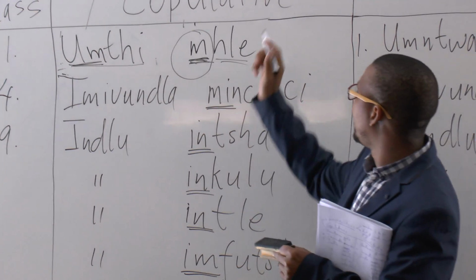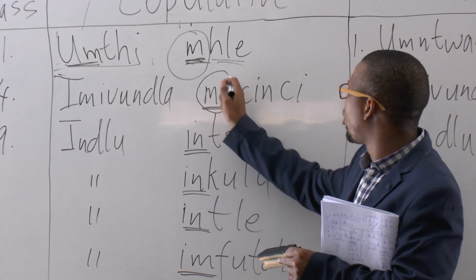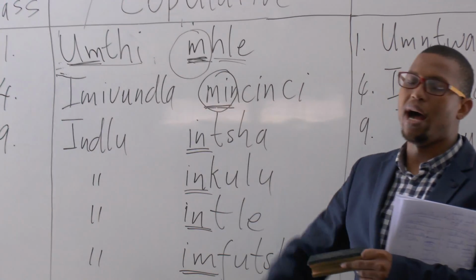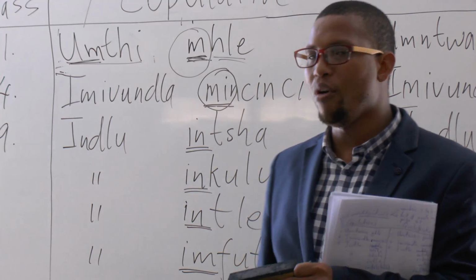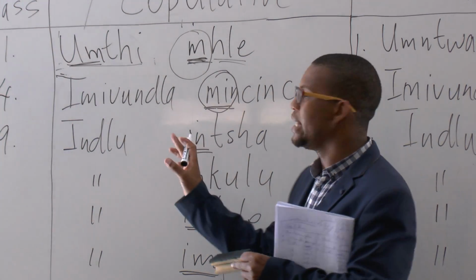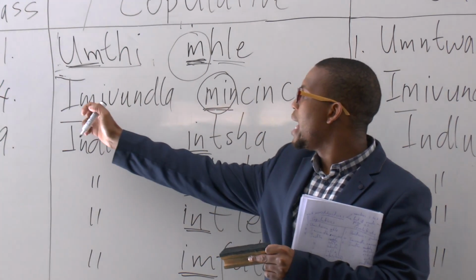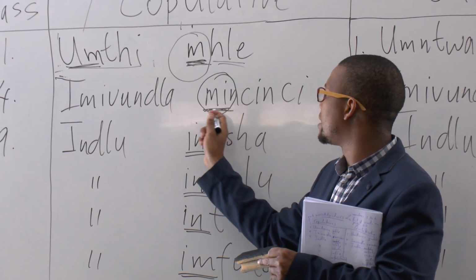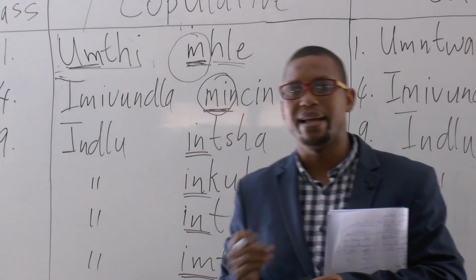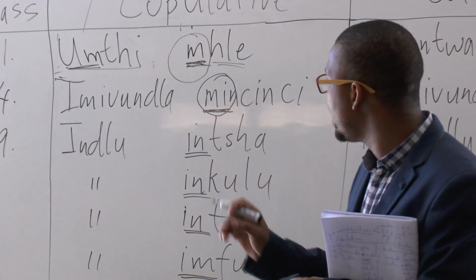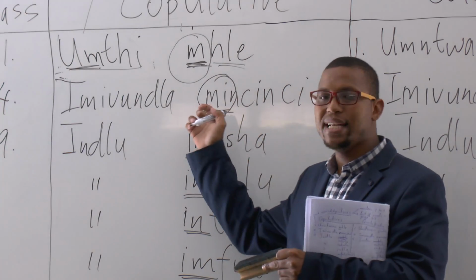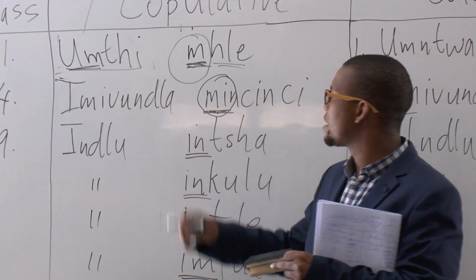Okay, the adjective as a copulative is or are. In the case of class 4, the part which means is or are, the rabbits are, is mi, M-I. Imivundla mi. Then where does this mi come from?